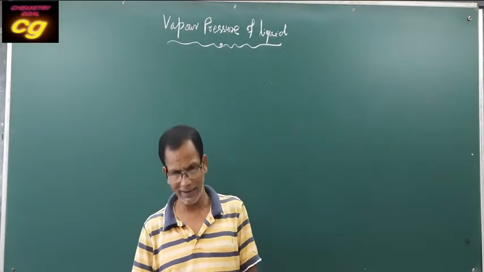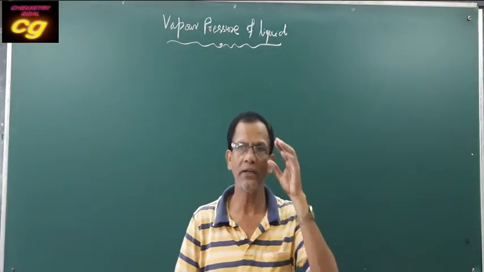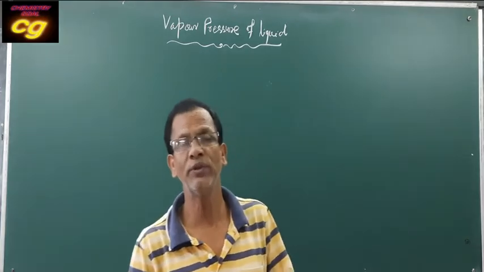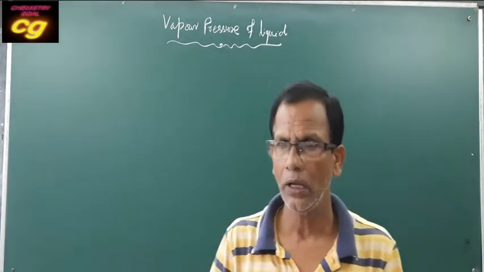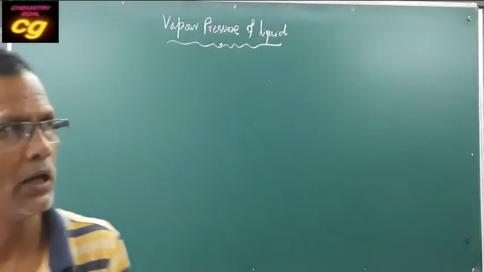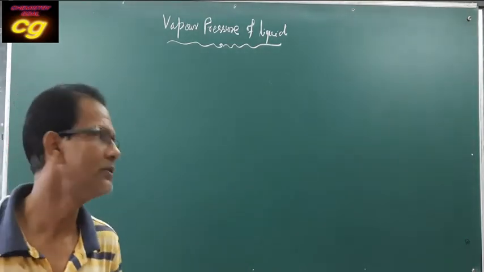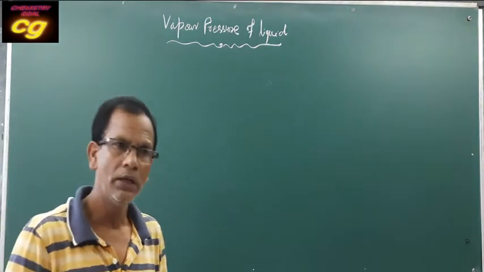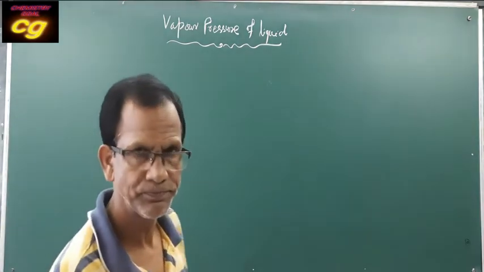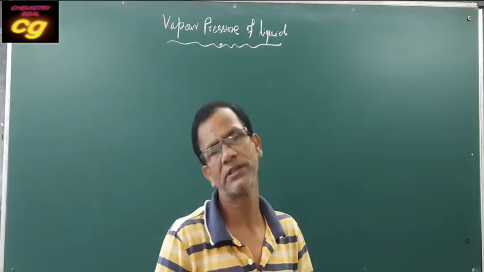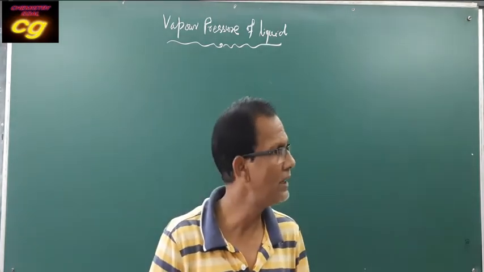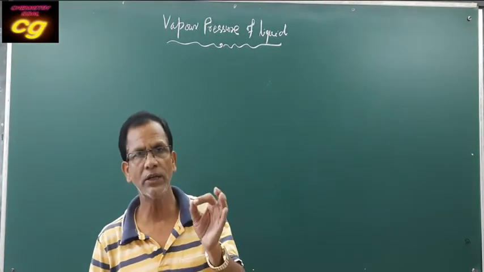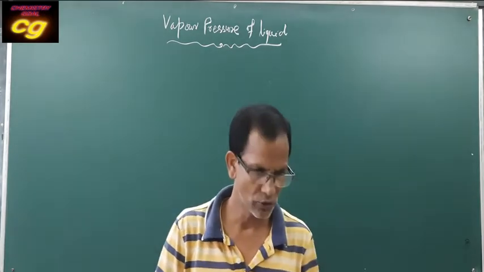Liquid has definite volume but no definite shape. Liquid has a boiling point, we already know it boils at a particular temperature. Liquid evaporates. So many characteristics liquid possesses, and the liquid state is the intermediate state of matter.